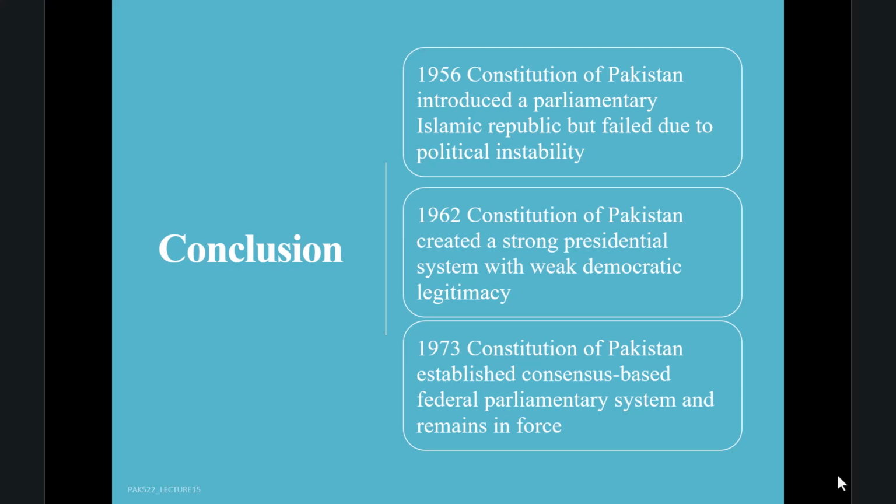In contrast, the 1973 Constitution emerged through national consensus and successfully combined federalism, parliamentary democracy and Islamic principles. Despite challenges and amendments, it has remained the most enduring constitutional framework of Pakistan, guiding the country's governance and safeguarding fundamental rights for over 5 decades.